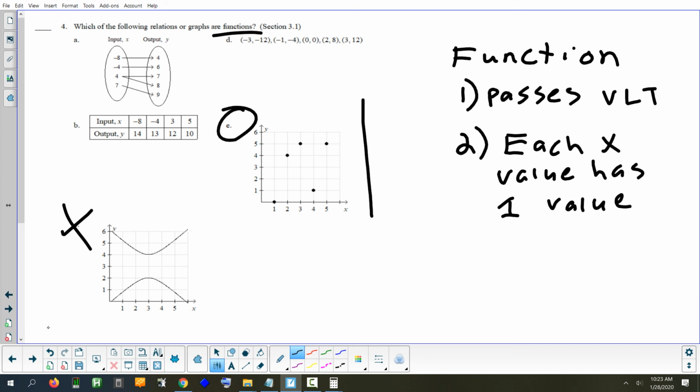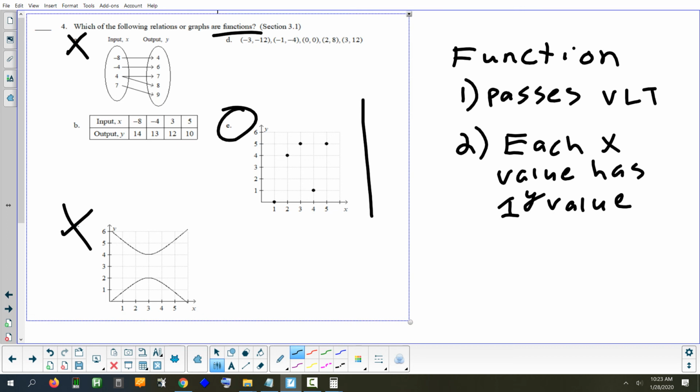Any other number? Nope, that's okay. How about the number 4? 7 and 8. That's a problem. Each x value has to go to 1 y value. That's important. Each x value has 1 y value. That is not true in number 4. The x value of 4 has a y value of 7 and 8.